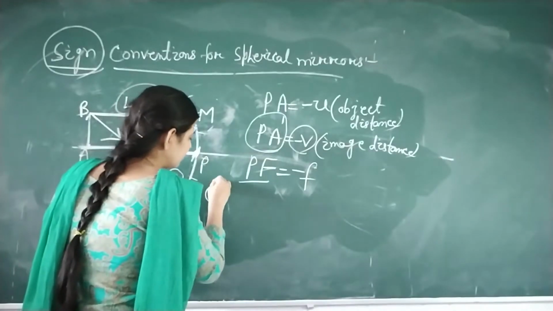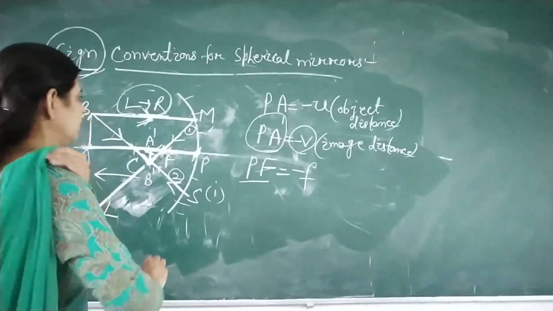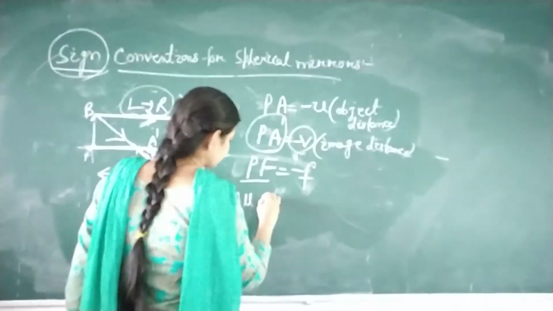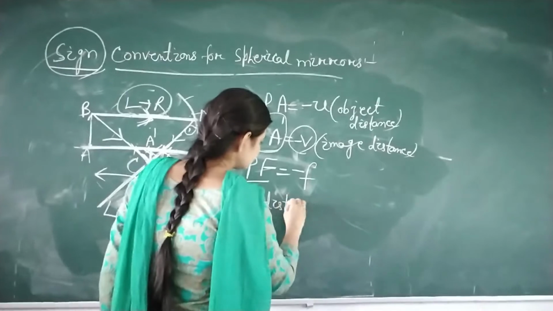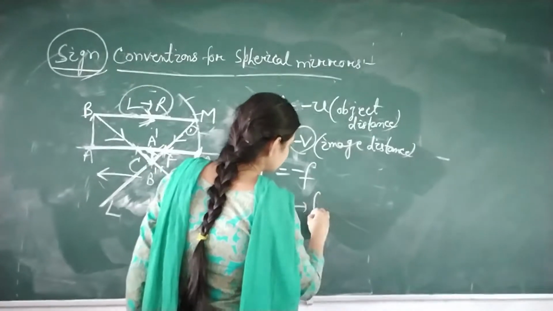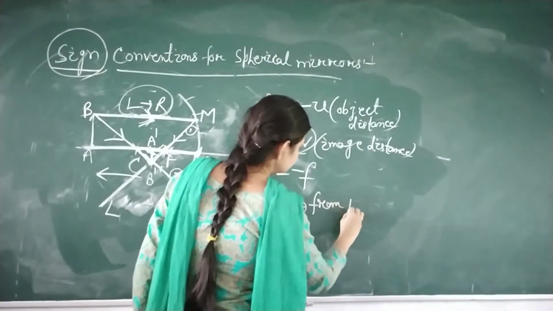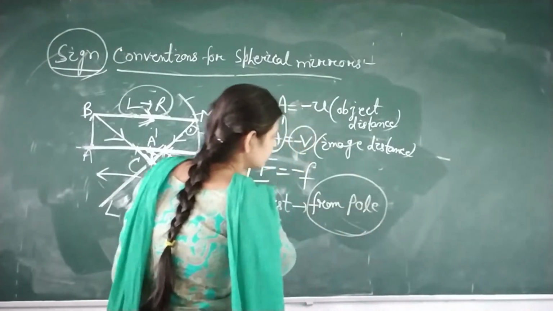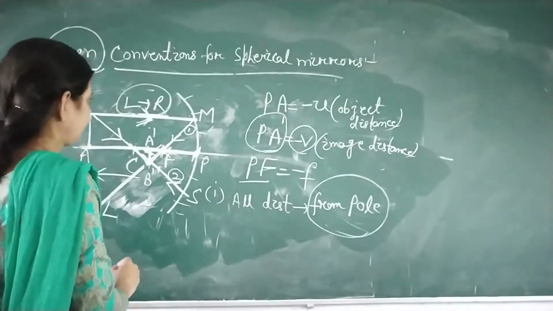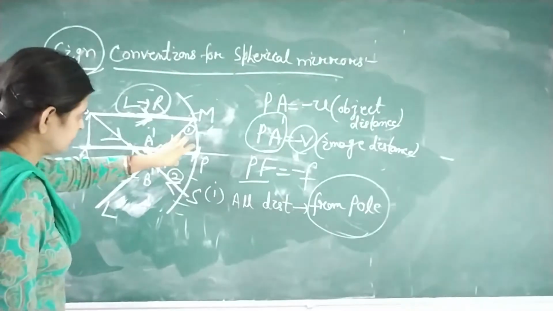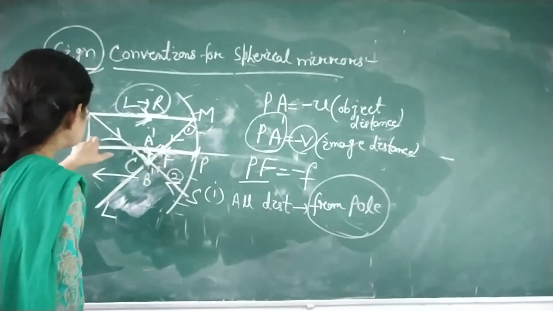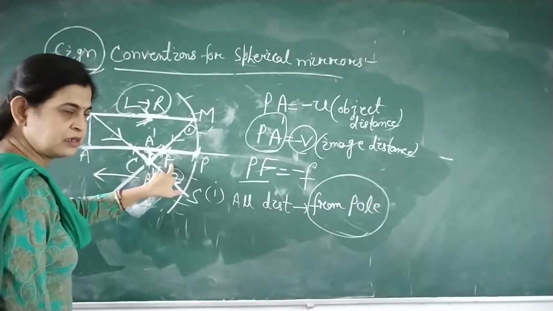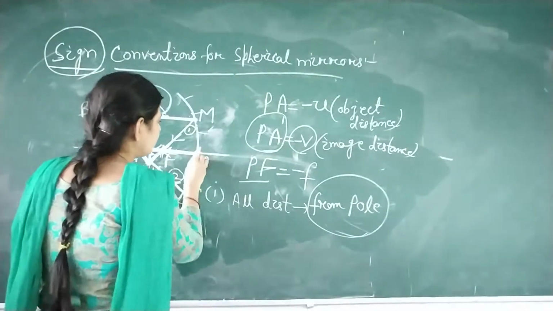So the first point is all distances should be measured from the pole. This is the most important point. Whenever you measure the object distance, image distance or focal length, always consider it from the pole.